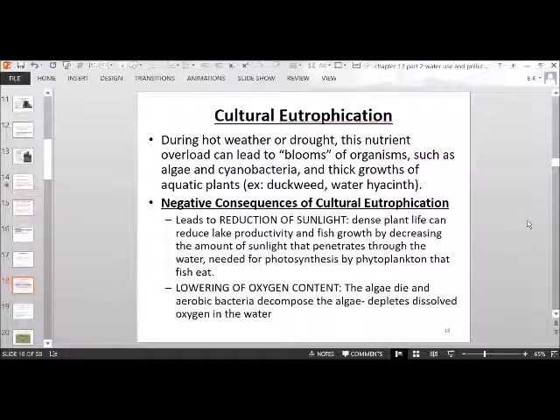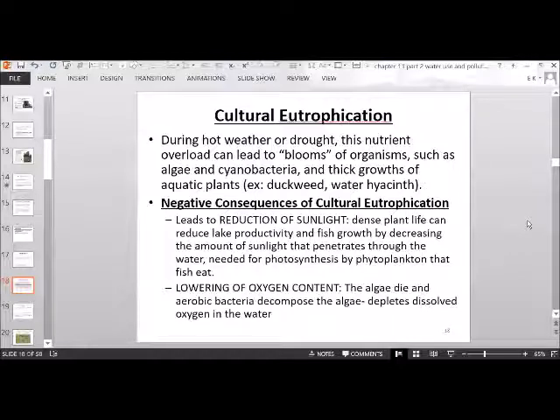So during hot weather or drought, the nutrient overload can lead to blooms of organisms like an algae bloom or a cyanobacteria bloom. Also, thick growths of aquatic plants like duckweed or water hyacinth.